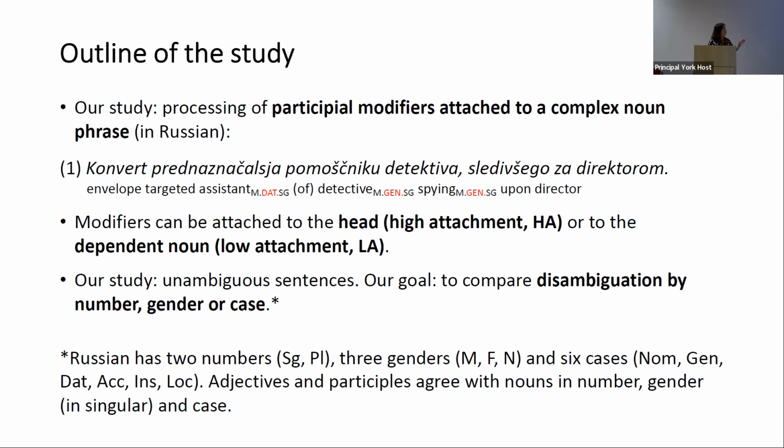And for all the filler sentences that we had, we also had similar questions mentioning 2 participants or 2 objects that were introduced in the sentence. So target sentences did not stand out from other sentences in this respect. And people actually did not notice what the experiment was about.